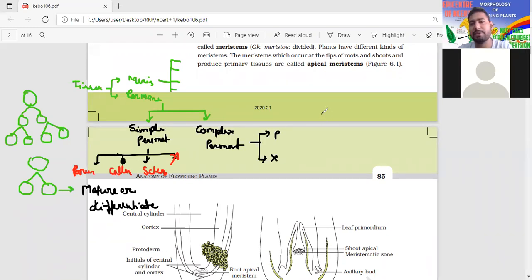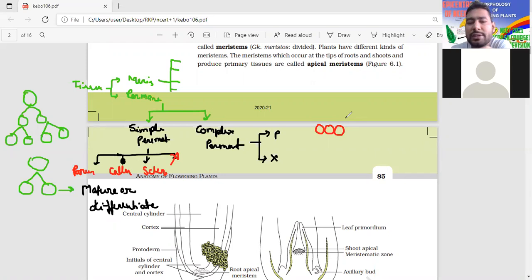So why are we saying simple permanent tissue? If you check, every cell is made up of a single type of cell. In case of the complex permanent tissue, they have different types, like xylem. Xylem has four different types of cells, and their shape and function vary.